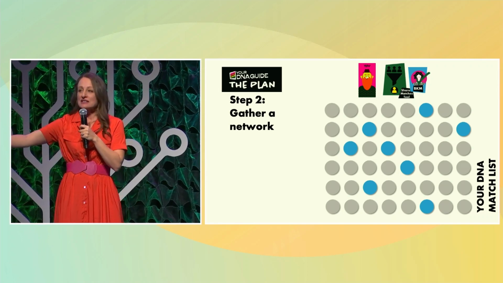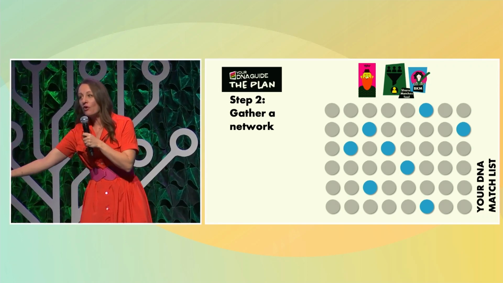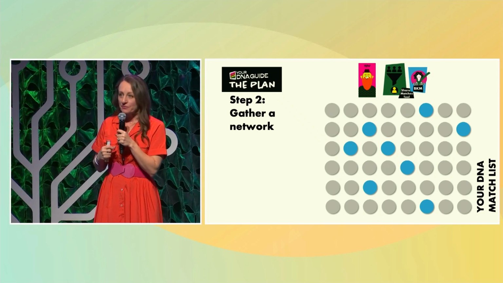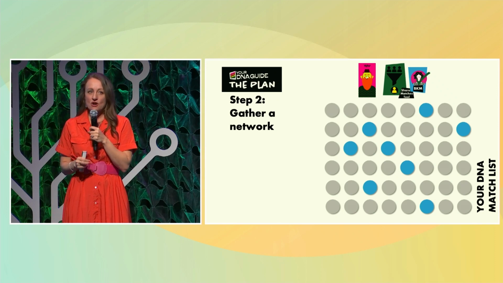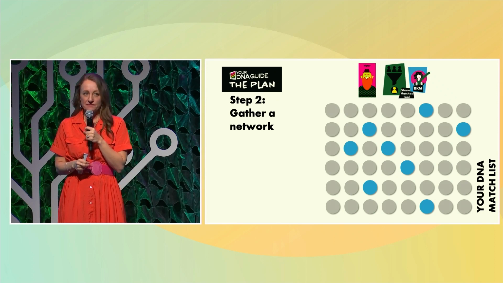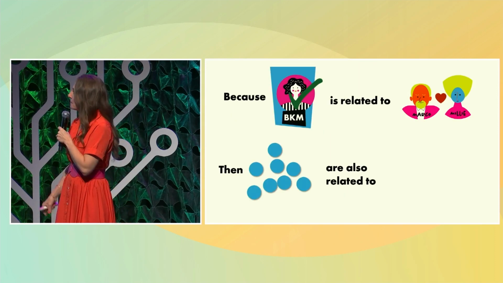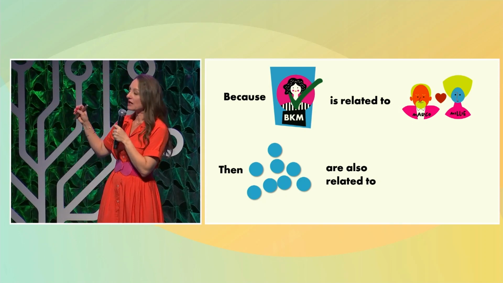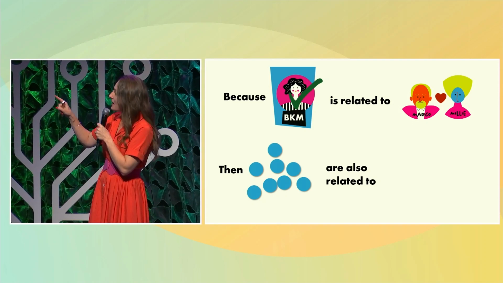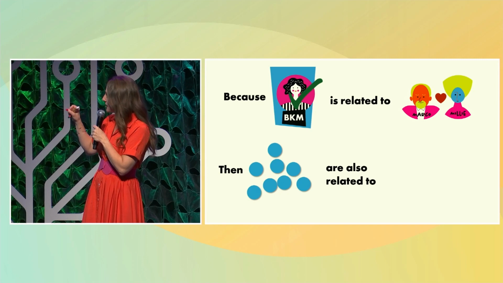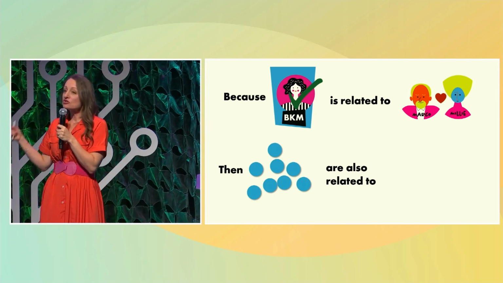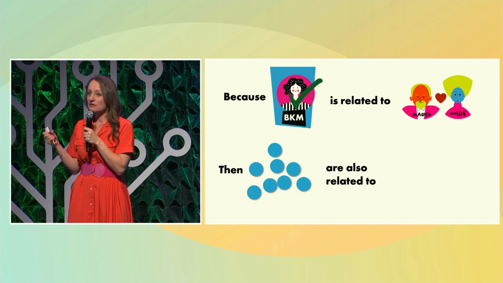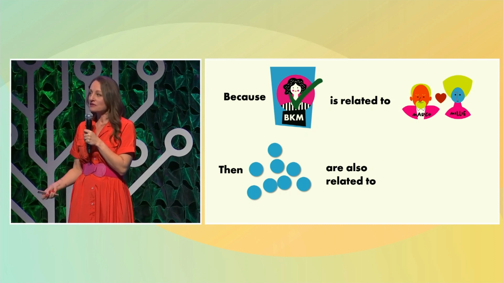It reaches into the database of your matches and pulls out only people who are sharing DNA with you and your best known match. So if you think about it, all of these people that you've pulled out, these blue dots, because your best known match is related to Marco and Millie, then all of the people you just gathered using the shared matches tool, who are they related to?